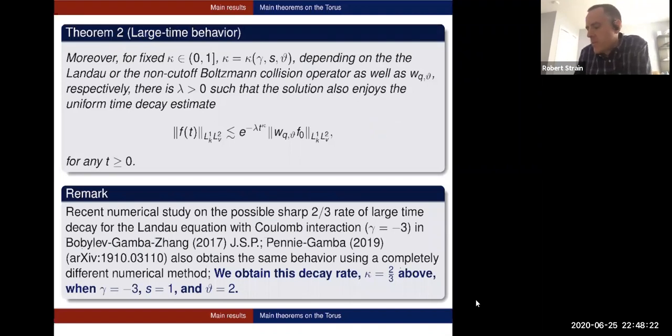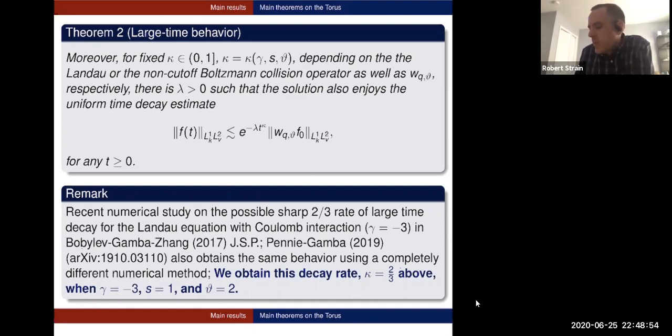And so there are two recent numerical studies on the possible sharp 2/3 decay rate. So for the Landau equation with Coulomb potential, when gamma equals -3 and s equals 1, this kappa number is 2/3. It's very hard to do numerics and determine a sharp large time rate of decay to equilibrium because anything in the computer is finite.